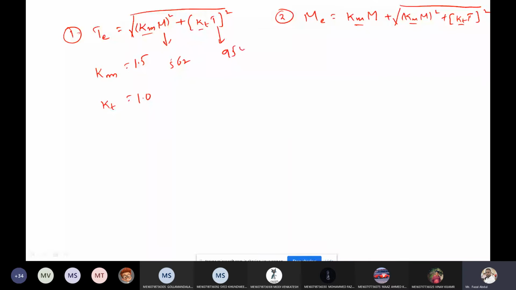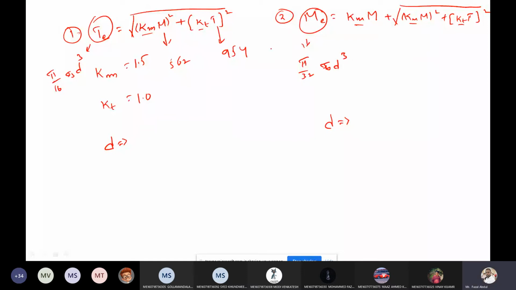So substitute all the values in these equations and tell me the d value for the first case and the d value for the second case, where Te equals pi by 16 into sigma s into d cube, and Me equals pi by 32 into sigma b into d cube.